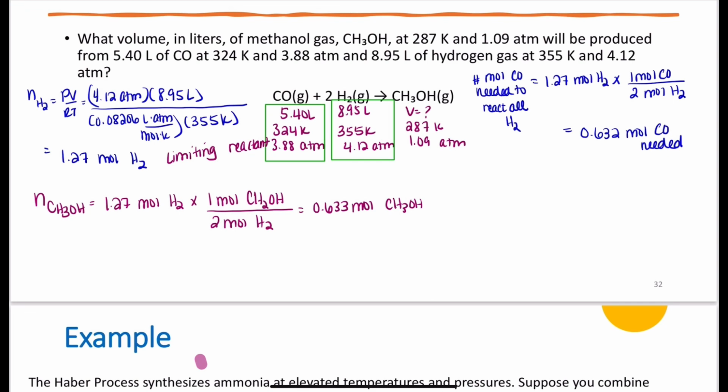Now I just need liters. Remember PV equals nRT? Well, V is equal to nRT over P. 0.633 moles times the gas constant, 0.08206 liter atmosphere per mole K, and my temperature of my methanol is 287 Kelvin.